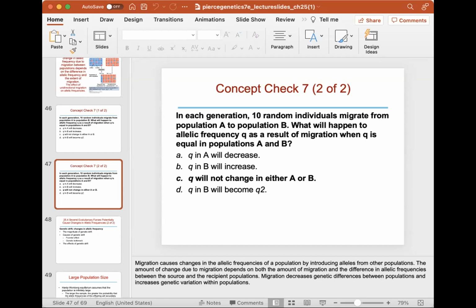Okay, got it. Thank you. You're welcome. Mutation or migration? I was asking because the question states random individuals migrate from population A to population B, so we're talking about migration rate.